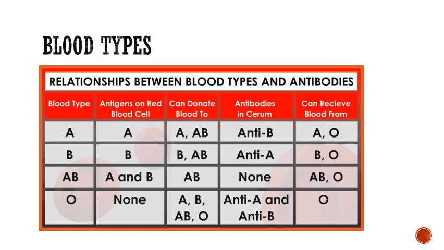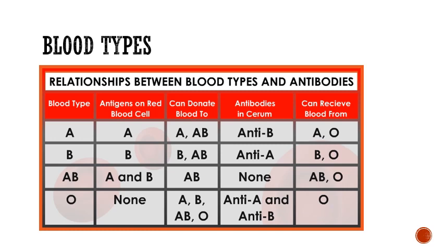Okay, so our main blood types, A, B, and O, and then antigens on the red blood cell. So the blood type stands for the antigen. And then knowing that if you have type A blood, you can donate to A or AB. B can donate to B or AB. AB can only donate to AB.